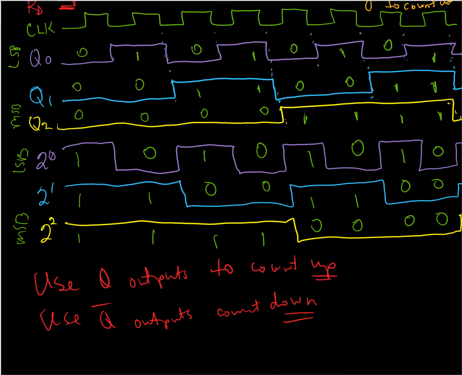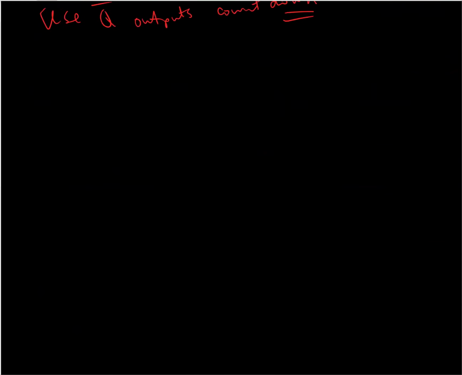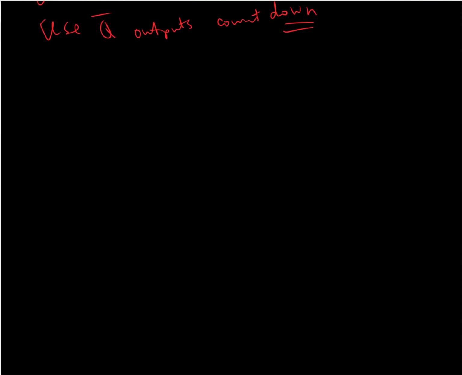Now, the next thing we're going to look at is what if we want this circuit to not count all the way to 7? What if we wanted this circuit to reset? Okay, so I'm going to redraw the circuit quickly, and then we'll do an example of what if we want this circuit to reset.